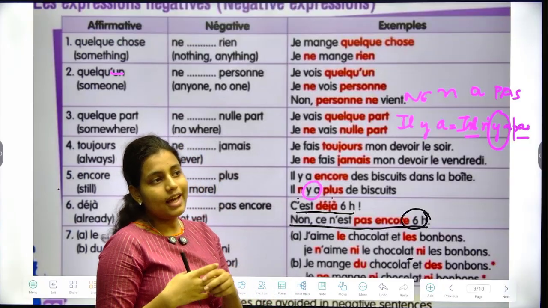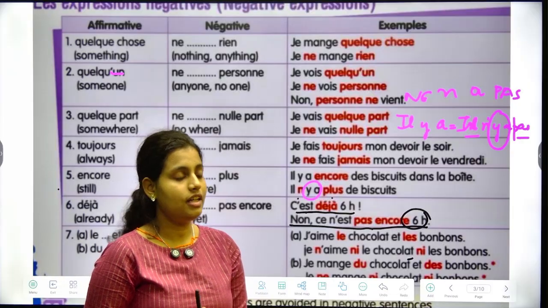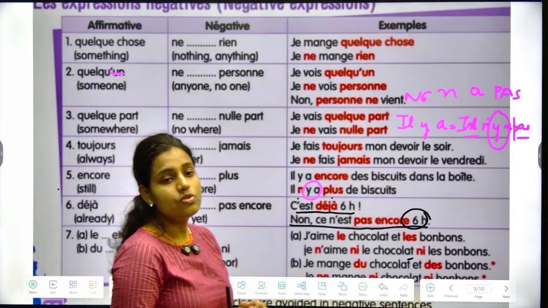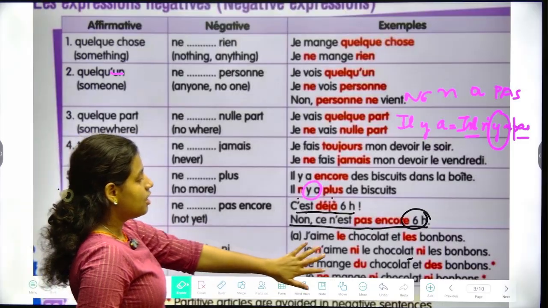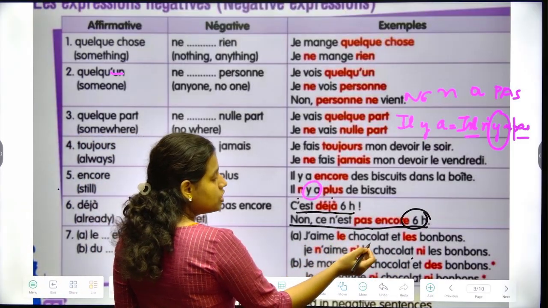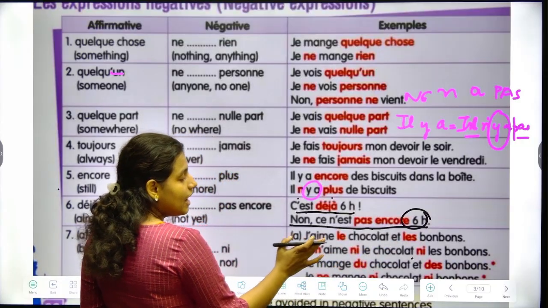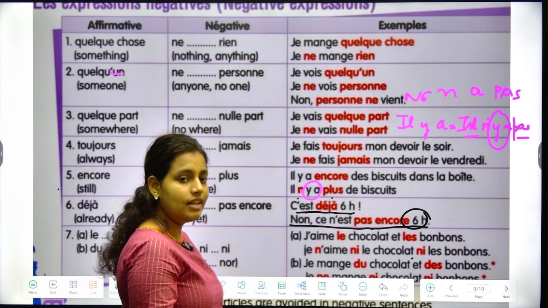I neither like to read nor to write. That is when you have to negate using neither and nor. How will we do that? When you have sentences, j'aime le chocolat et les bonbons. I like the chocolate and the candies.